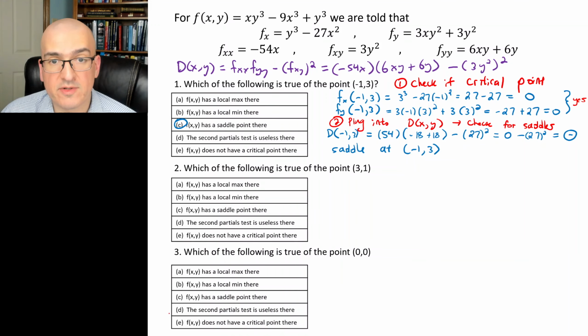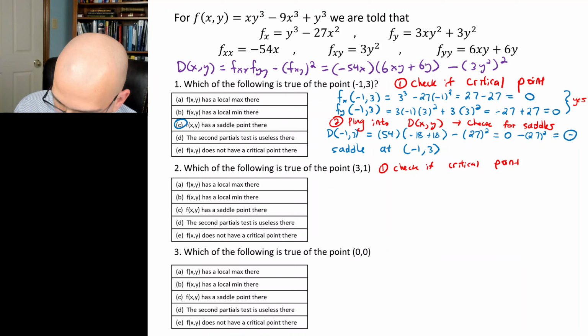Check if it's a critical point. We're given a different point, 3, 1. Check if critical. Might be a trick, a dirty trick. So f sub x at 3, 1 is 1 cubed minus 27 times 3 squared. Right, because this says to replace the x with a 3 and the y with a 1.